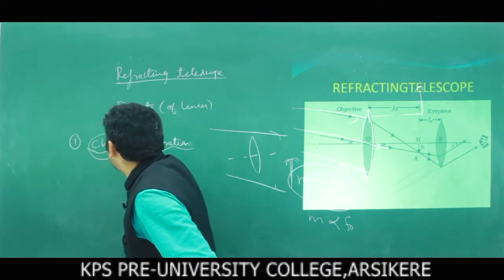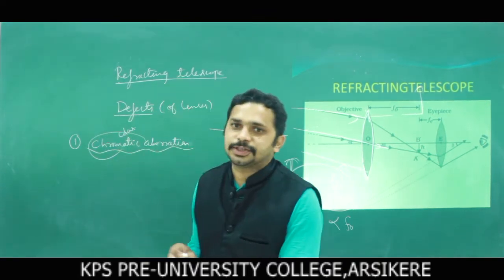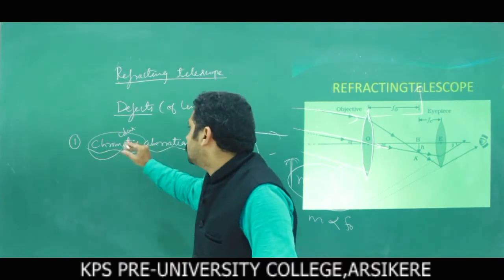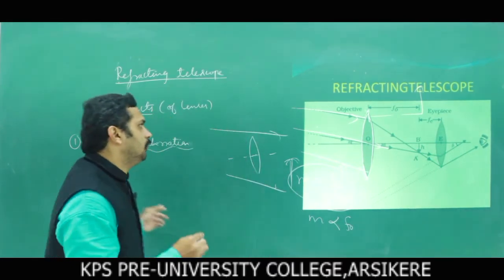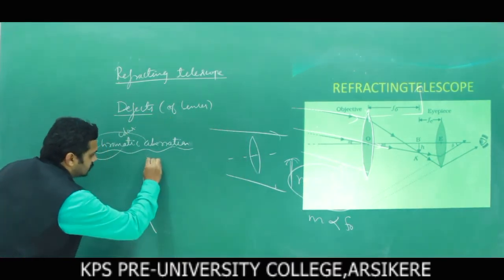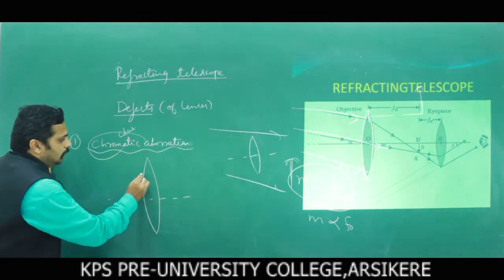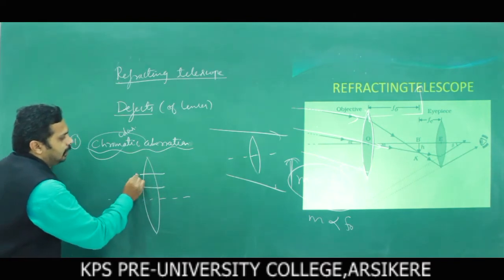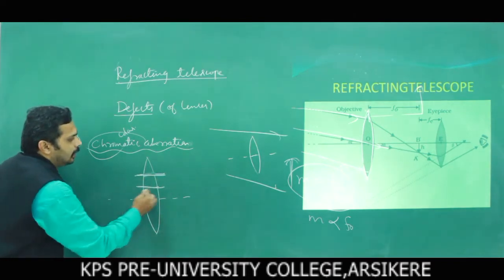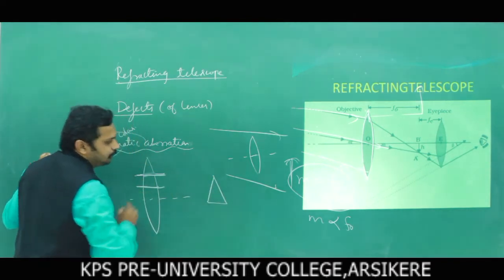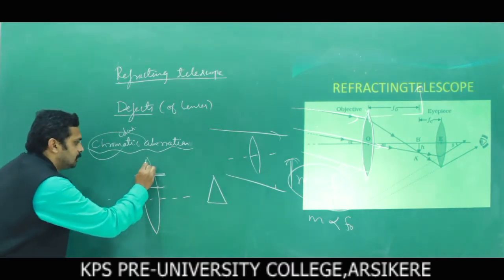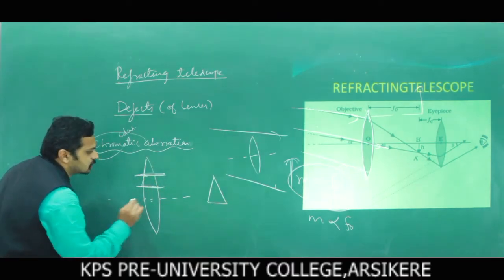Chromatic means color, and aberration means defects, so color defects. Suppose you use a lens, look here. This is the lens, and this is the middle part of the lens. If you cut the lens here, you get a prism. That's why a lens is made up of small prisms.